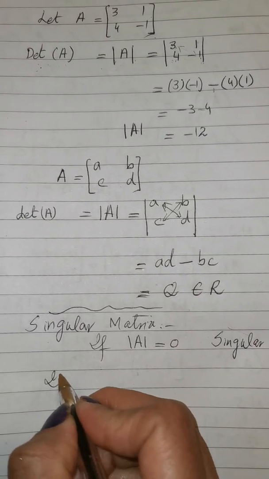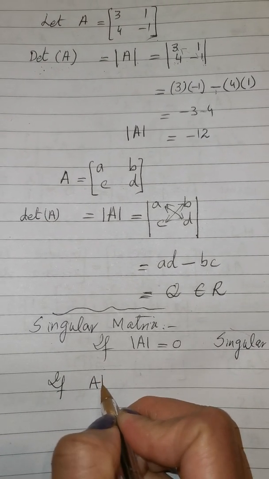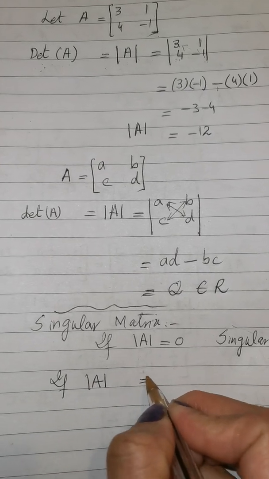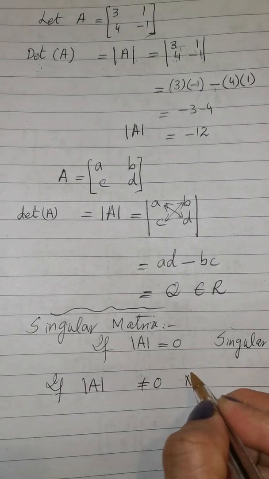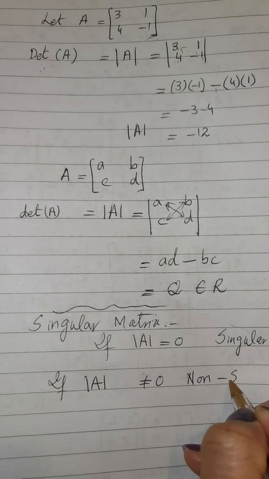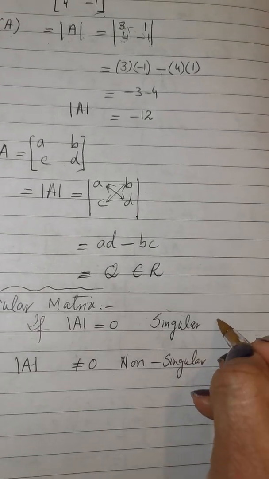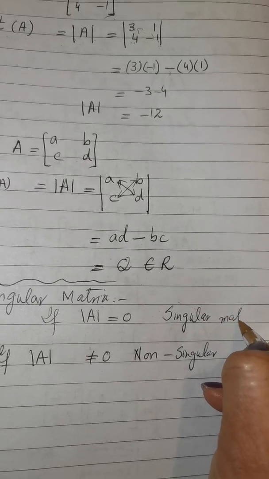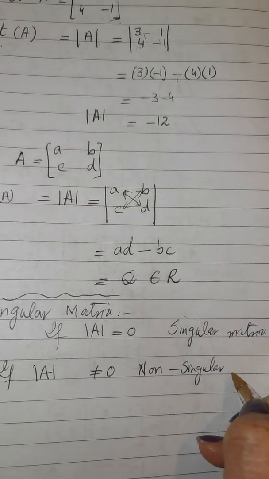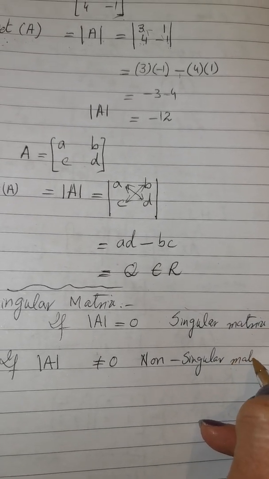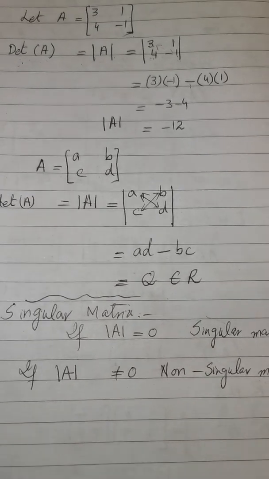And if whatever matrix you have and its mod is not equal to 0, then it is a non-singular matrix. This is the new definition you will learn with respect to modulus or determinant.